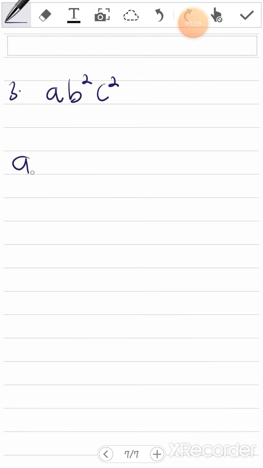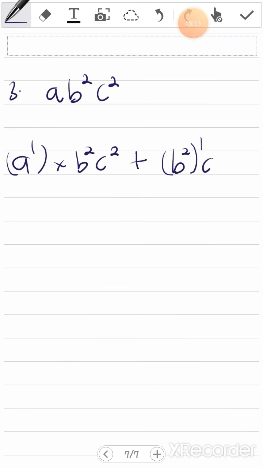So a will be differentiated times the rest, plus b squared will be differentiated times the rest, plus c squared will be differentiated times the rest. So this is how you're going to go by it. In case it was 4 parameters, you do the same. For this one, you're going to get 1. I've already talked about it in the previous slide.